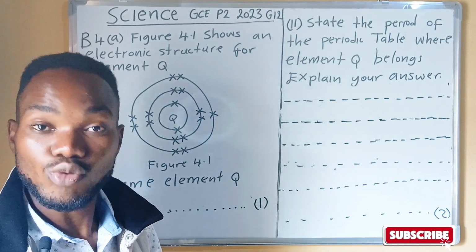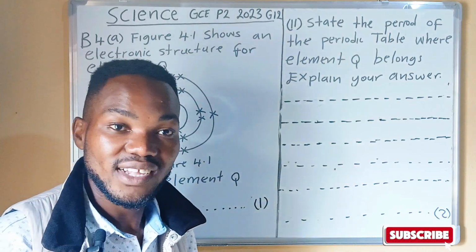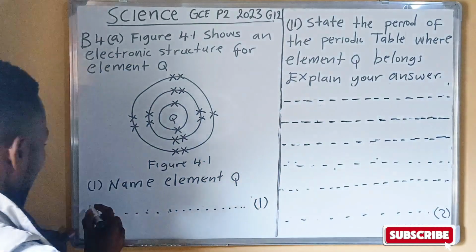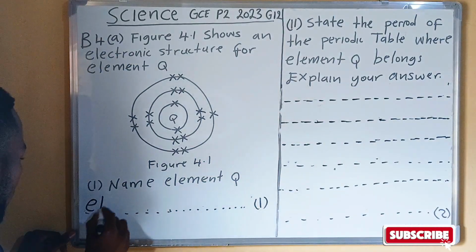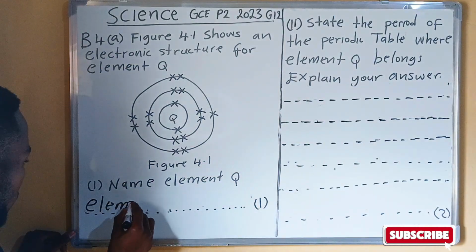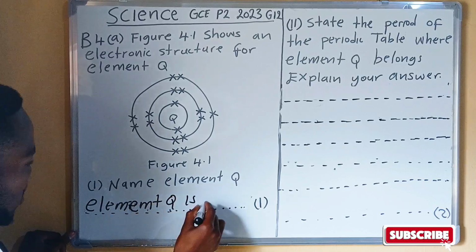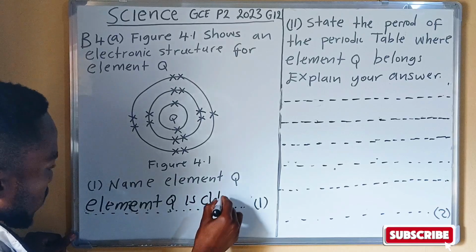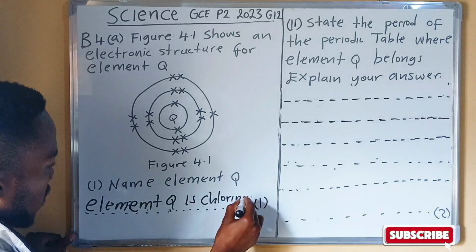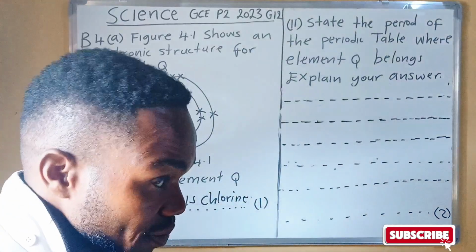You are going to find chlorine. So you say element Q is chlorine. That was 1 mark.